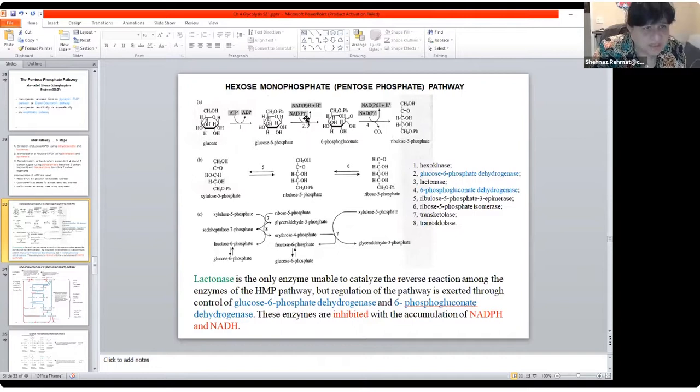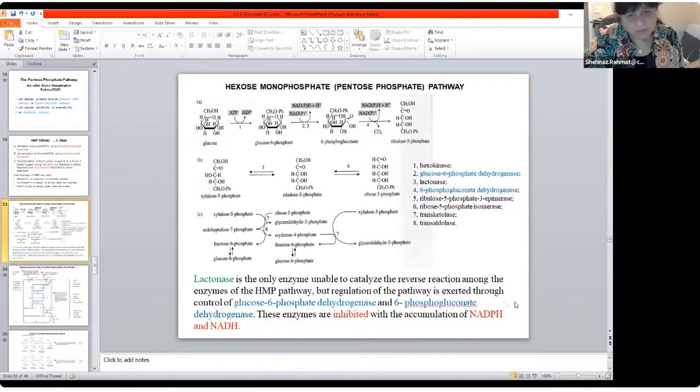So that lactonase enzyme, this is operating here, is the one that goes in one direction. Where was it in which picture? I could show you this.